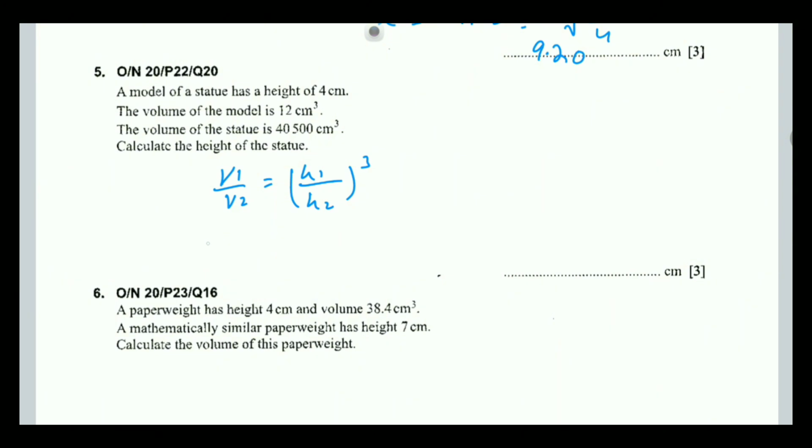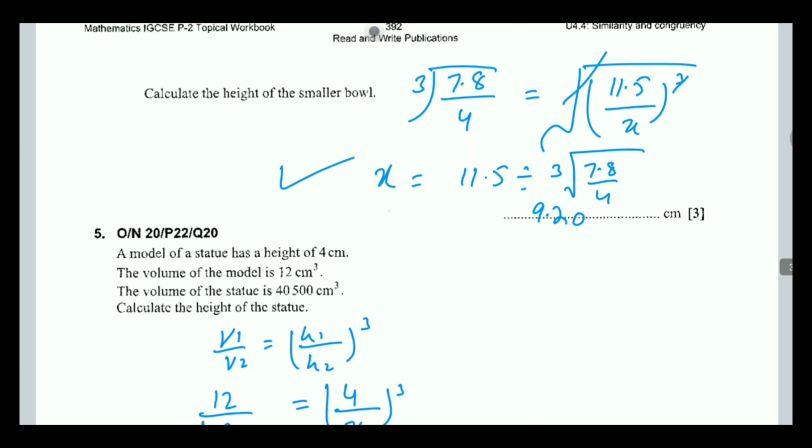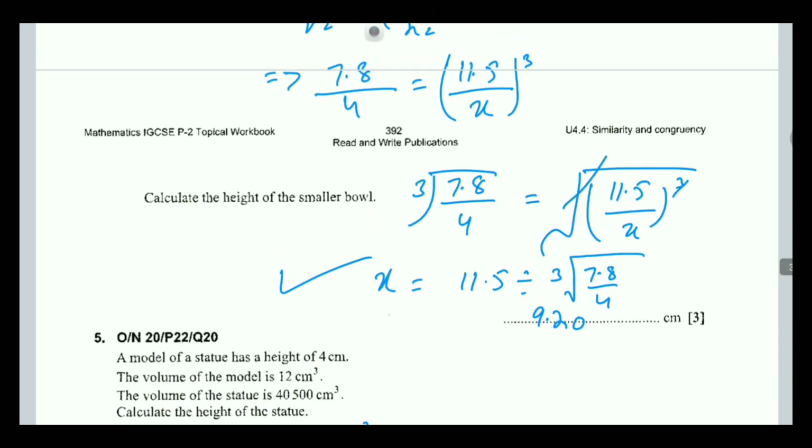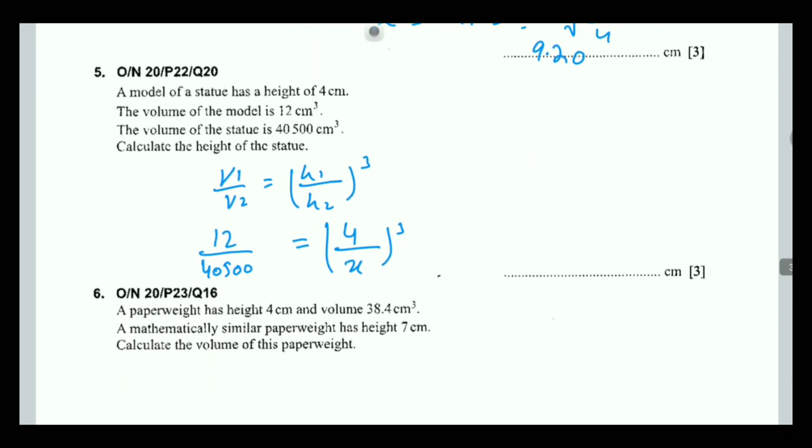Volume 1 is 12. 12 over 40500 is equal to height 1, which is 4, and height 2 you have to find, and don't forget to put cube here. Use the same method that I have used in the previous question: take the cube root on both sides, make x the subject and put it in the calculator, and you will get the answer that will be 60.